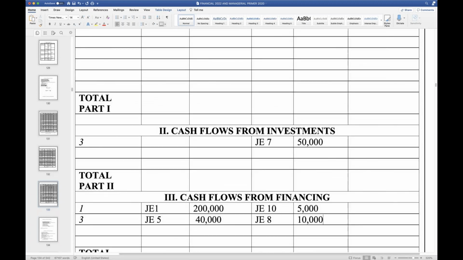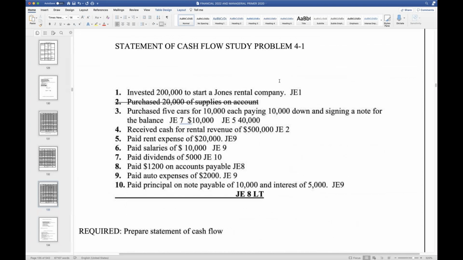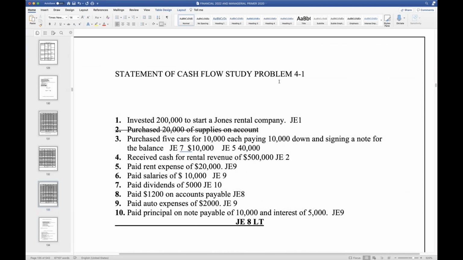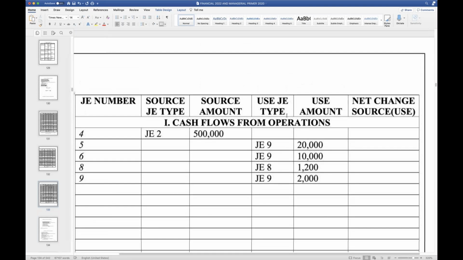And interest expense is probably gonna come under operations, and it's gonna be under usage type. Oh, you got that down now.